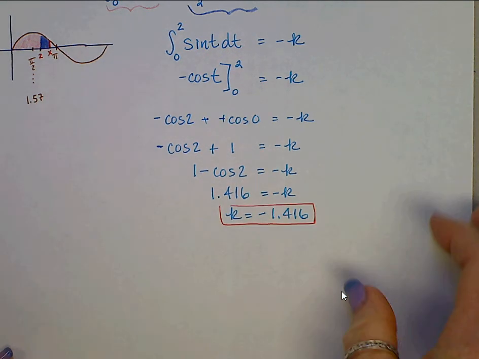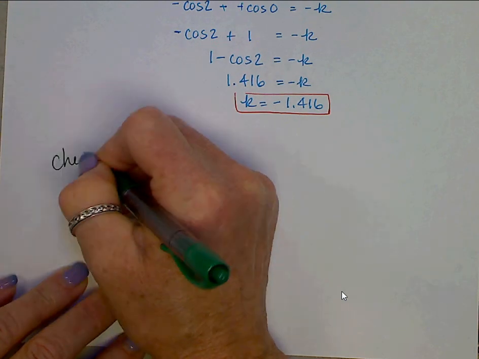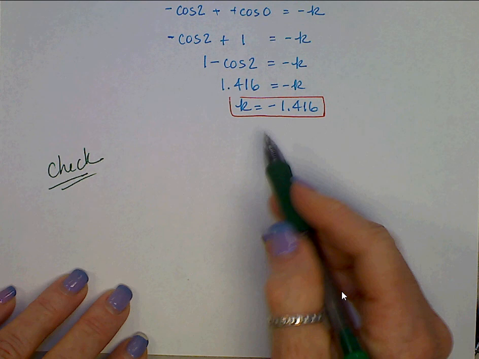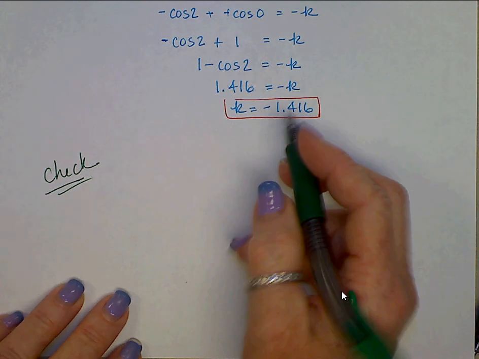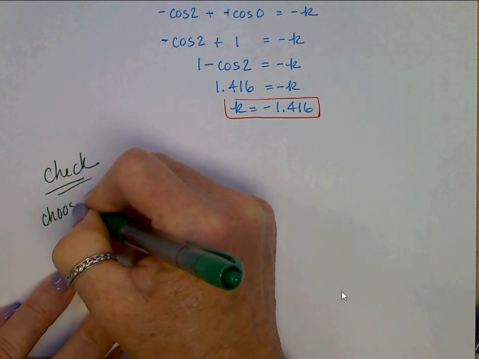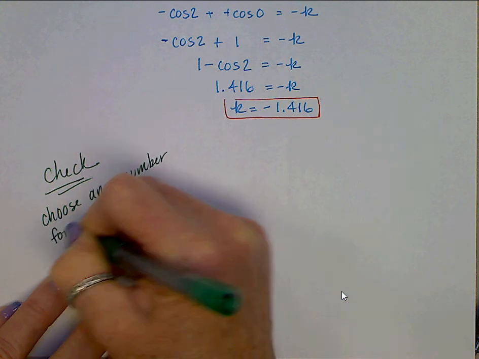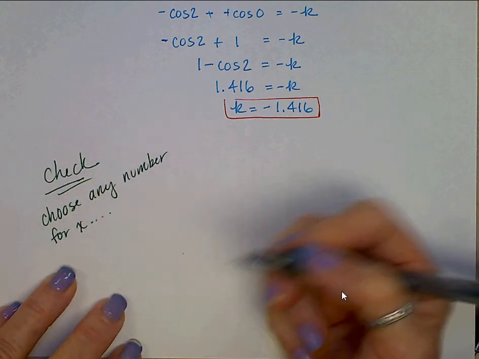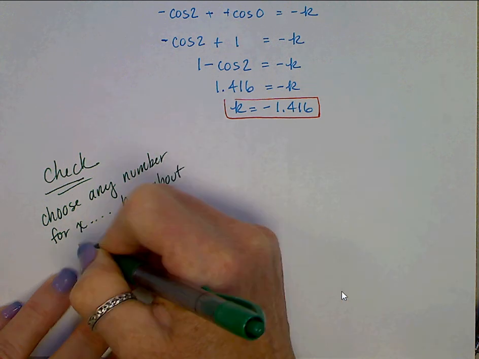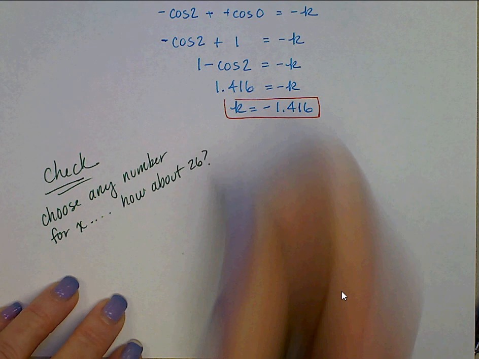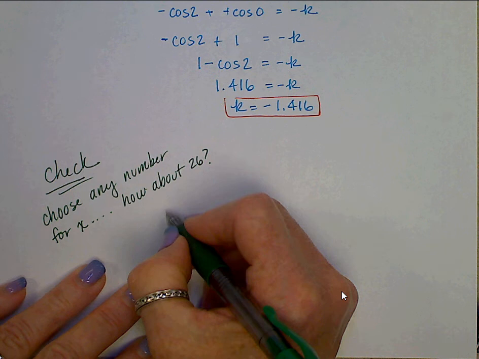All right, now you can check this. So we think k is this negative 1.416. So choose any number you want for x. Okay, how about 26? Then if we substitute that 26 back in, here's what we're checking.